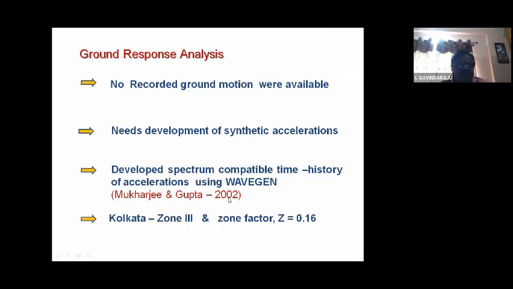Gupta from IIT Kanpur in 2002, and his research scholar Mukherjee and Gupta developed one program during that time, and we requested them, because we wanted to use that program to develop artificial, synthetic acceleration, and they were very magnanimous to share that code with us.